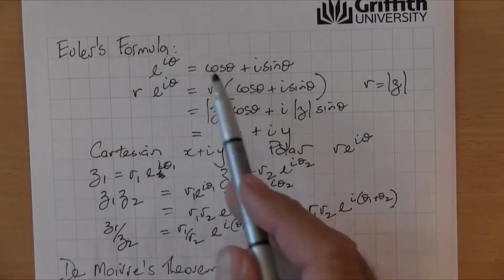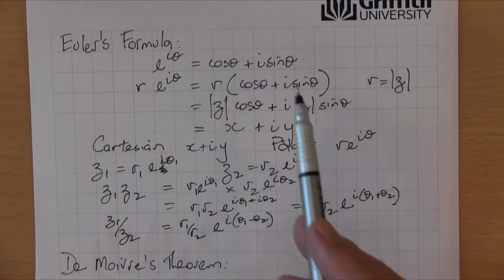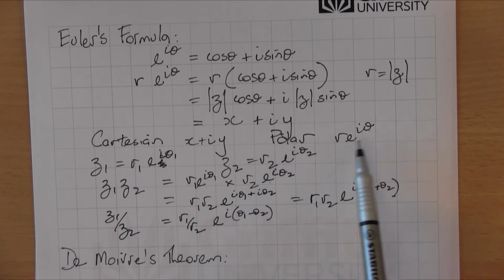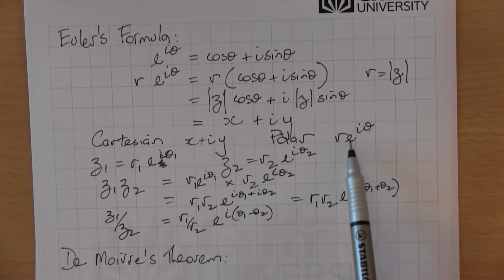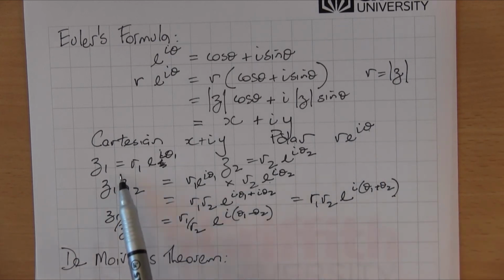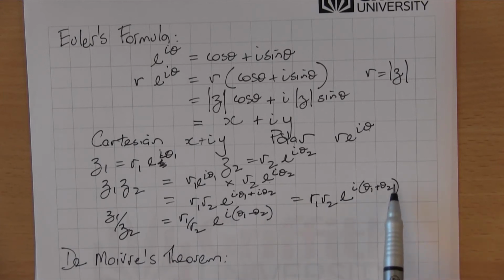So using Euler's formula up here, it gives us another way of looking at the polar form, r e to the i, instead of just r theta, it becomes r e to the i theta. When we multiply, it gives us a nice handy little way to be able to come up with an answer here, r1, r2, e to the i theta 1 plus theta 2. And when we divide these two complex numbers, we divide the mods and we subtract the args.